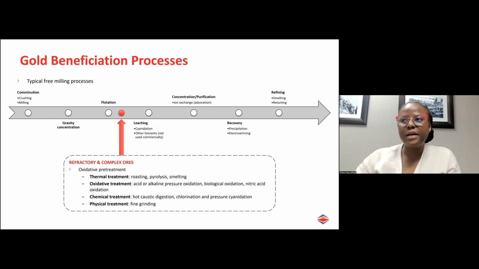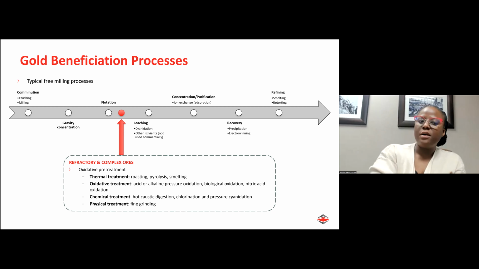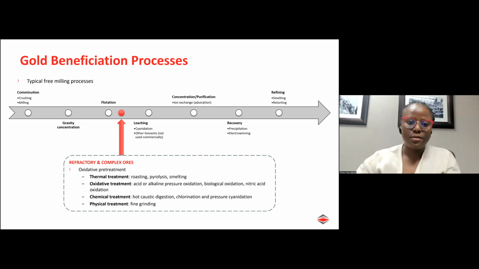So you might find that you've got a circuit that just goes for comminution, gravity concentration, and then that's it. You might find others that have all of these and others that maybe do not have oxidative pretreatment. It all depends on your ore mineralogy.